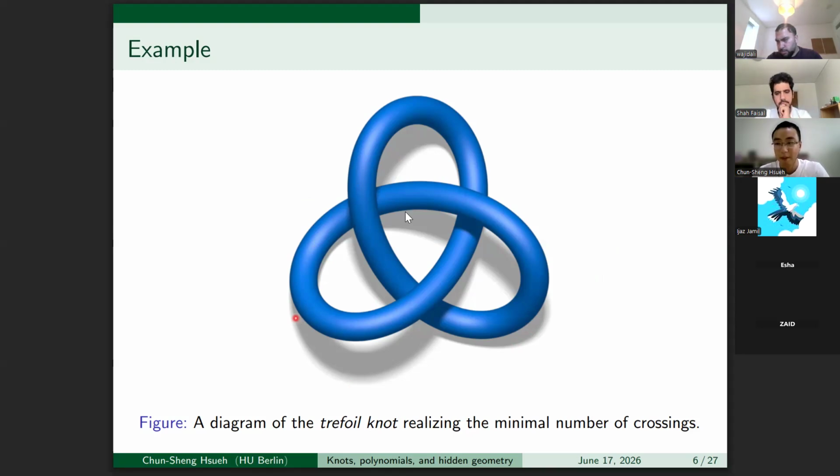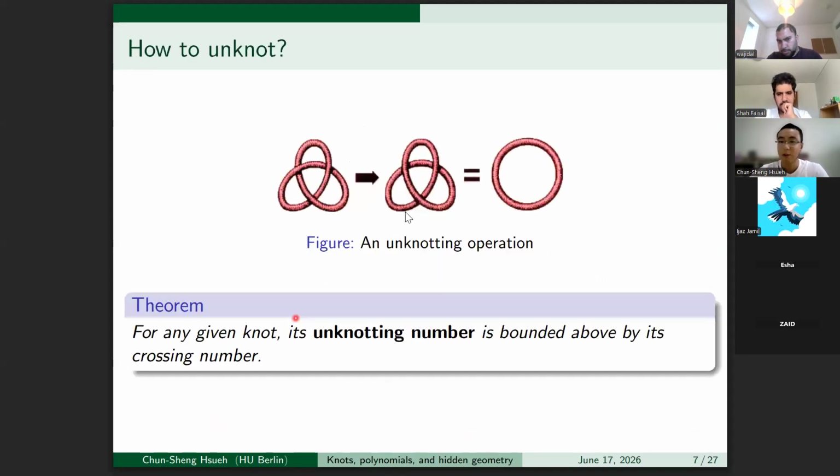Okay, so now I'm going to shift the thinking a little bit. So we talked about isotopy, moving the knot in space, and that also corresponds to Reidemeister moves, so changing the diagram but without changing the knot type. Another question you can ask is, how complicated is the knot? So how different is it from the unknot, for example?